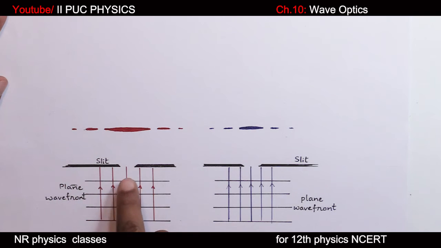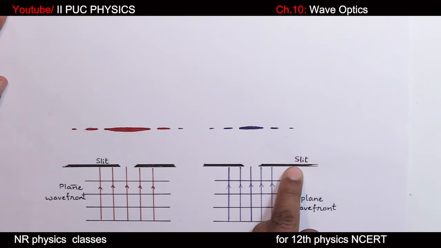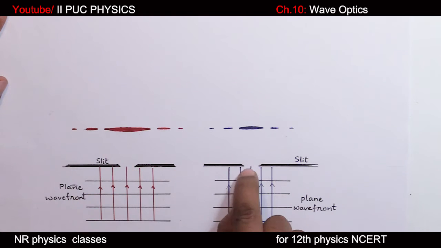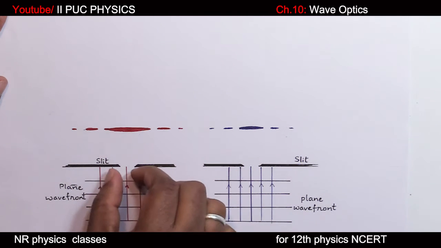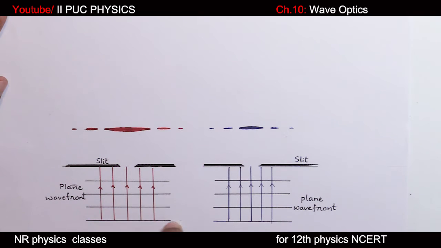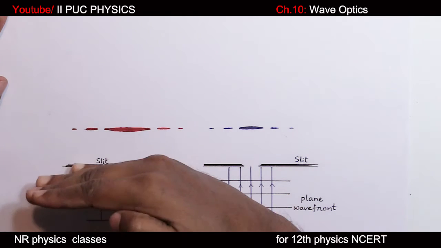Students, observe, there are two experimental setups. This is the slit width, slit. This is one more slit. Widths are equal. These black lines are wavefronts, parallel beam.